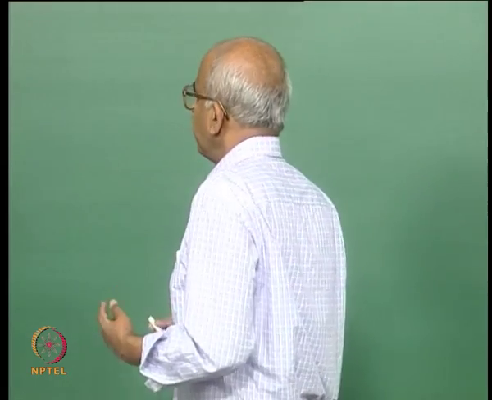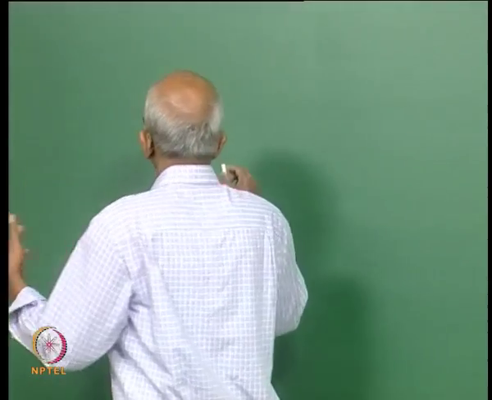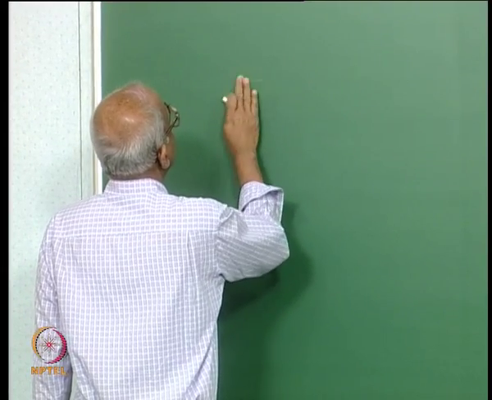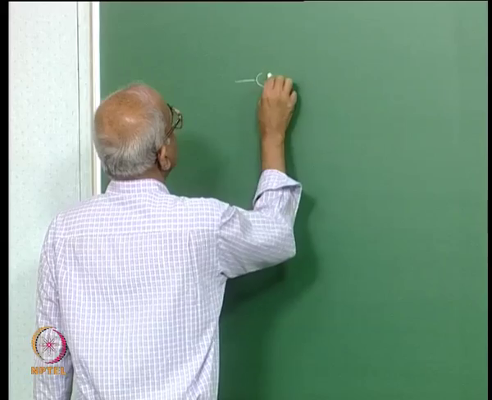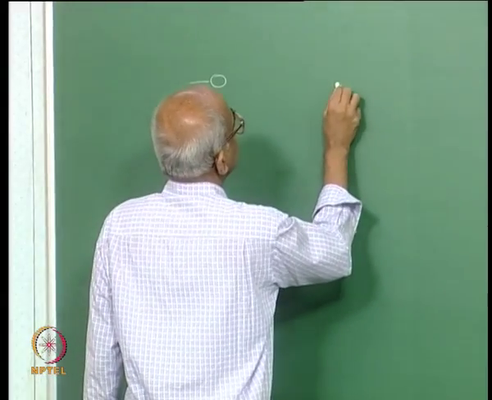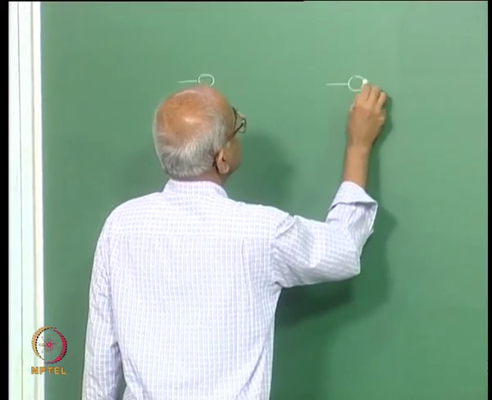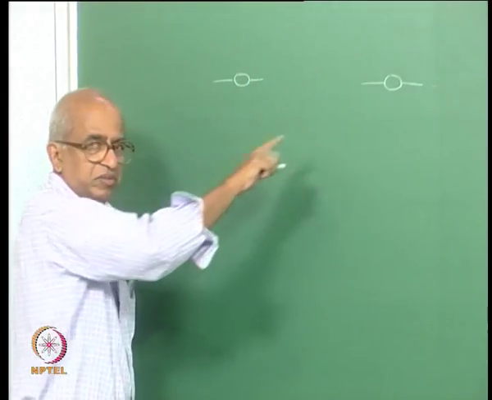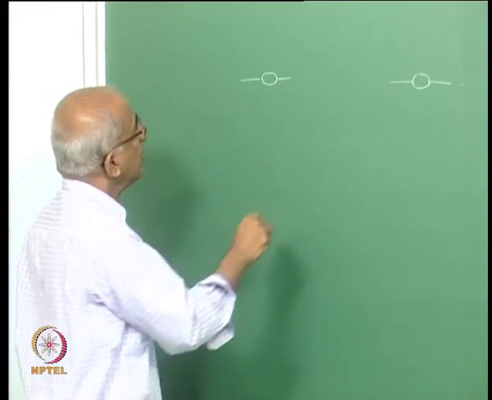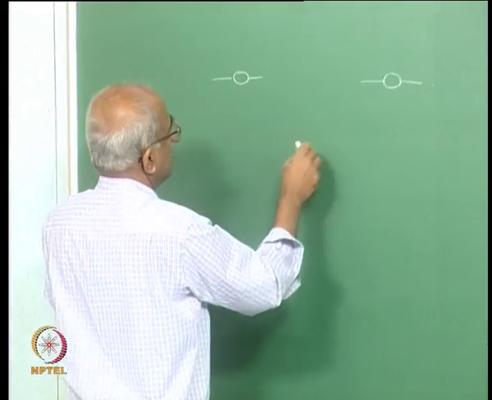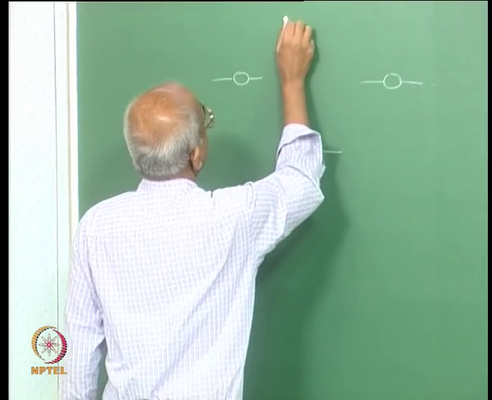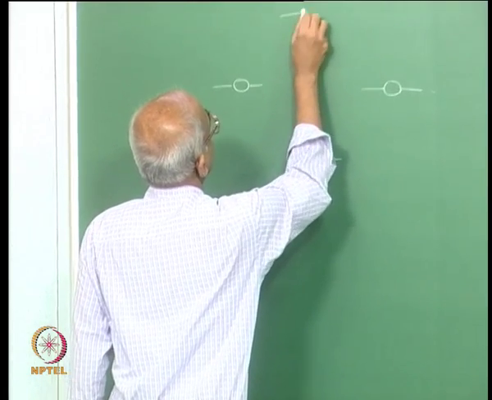So, what molecular orbital theory would say is, let me just recapitulate. You have, let us say, two hydrogen atoms. These circles indicate that they have one orbital each, and when you bring the two together, they interact and give you a bonding orbital and an anti-bonding molecular orbital.